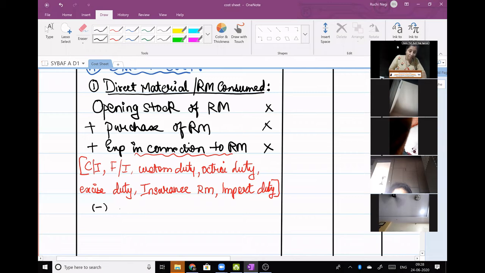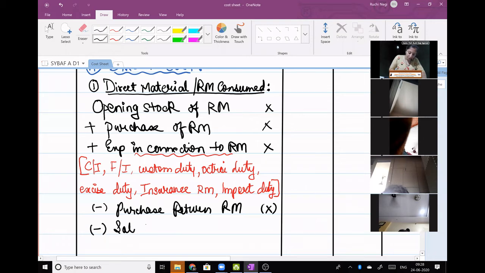Next, less purchase return. Purchase return of what? Raw material, obviously. Next, sale of raw material scrap.